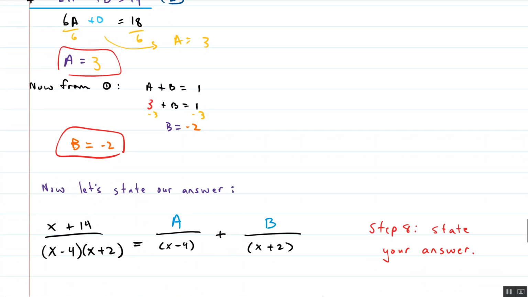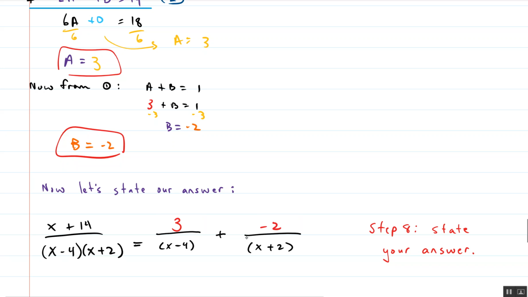So now we just have to state our answer. Instead of having A here we have 3, and instead of having B here, we have -2. So this is exactly the answer that we had in the review at the beginning.